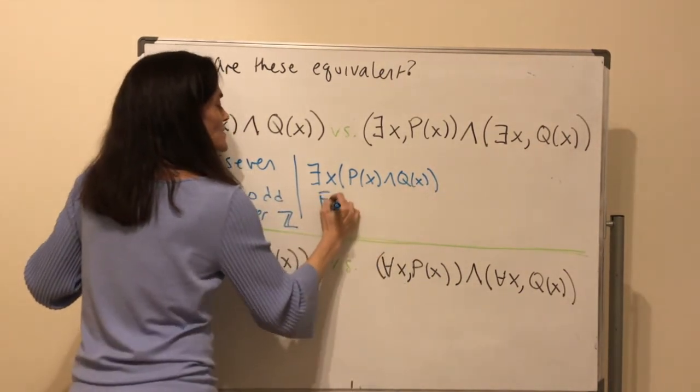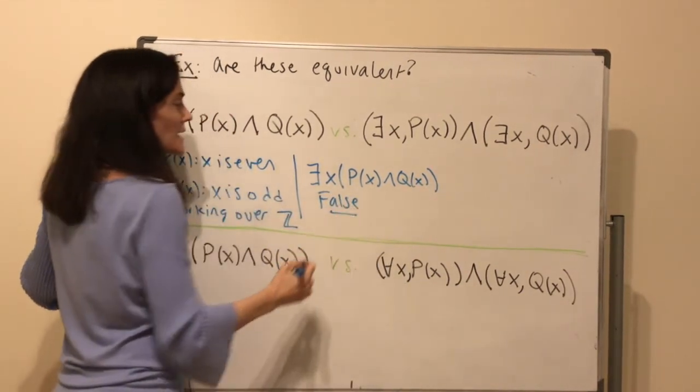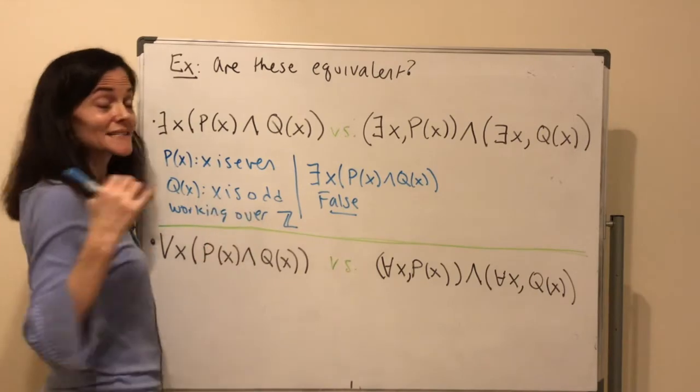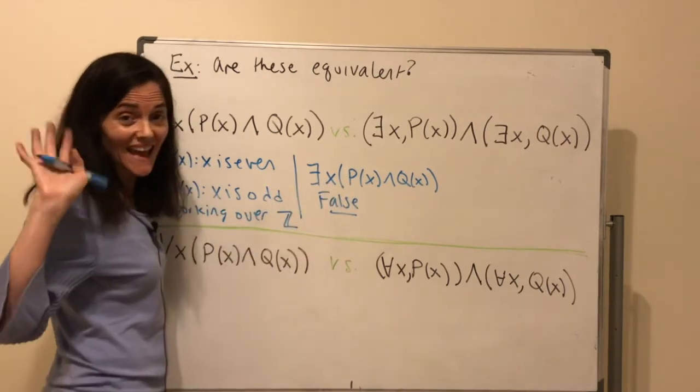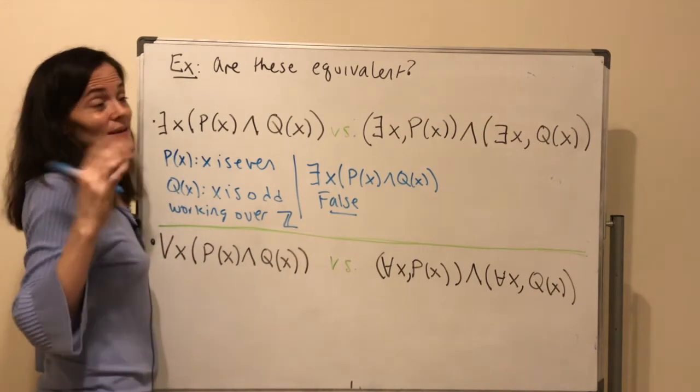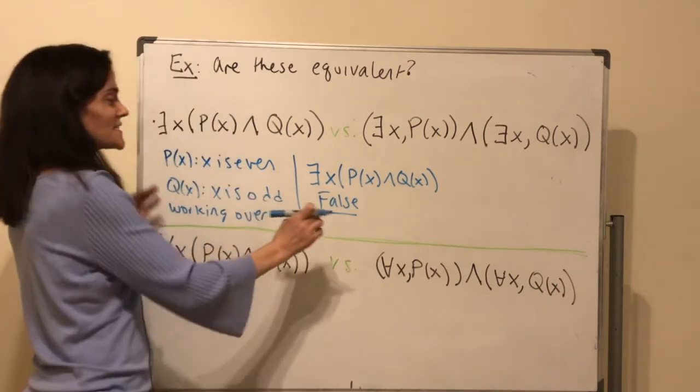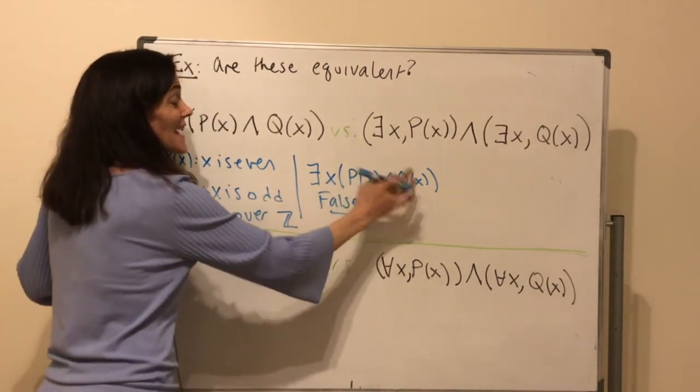This is false, because this would say there is an integer that is both even and odd. No, there is no integer that is both even and odd.